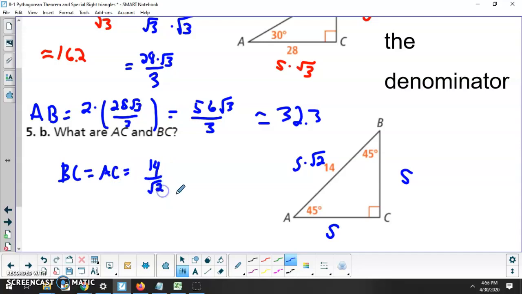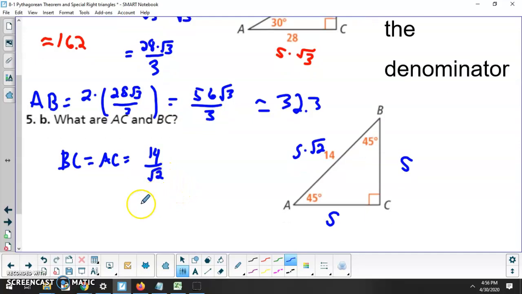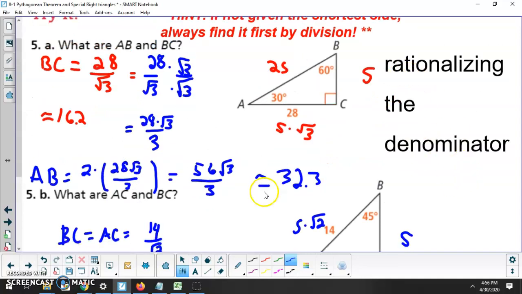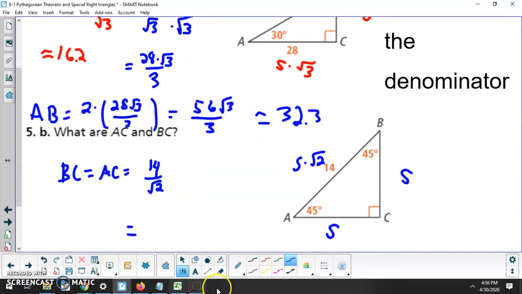Once again, you probably did the decimal approximation. However, the book wants you to rationalize the denominator, which means get rid of the square root in the denominator. So I'm going to multiply the top and the bottom by the same square root that's in the denominator. My answer is 14 times the square root of 2 over 2, since the square root of 2 times the square root of 2 is just 2.